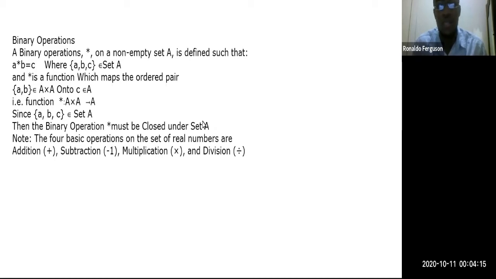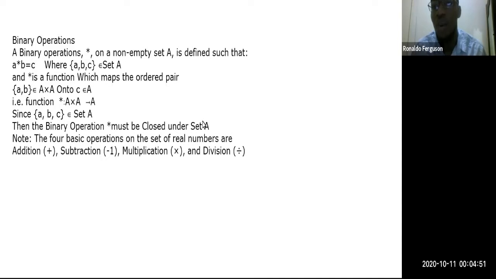So that's pretty much what a binary operation is, but my definition of a binary operation is just an operation that consists of a mixture of all of the basic operations of mathematics. So for example, let's say we know that A plus B is the addition of two numbers. That's the addition operation, we have subtraction, division and multiplication.